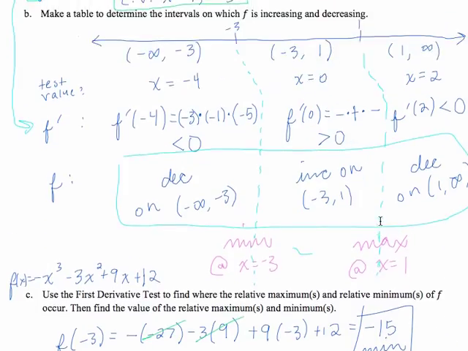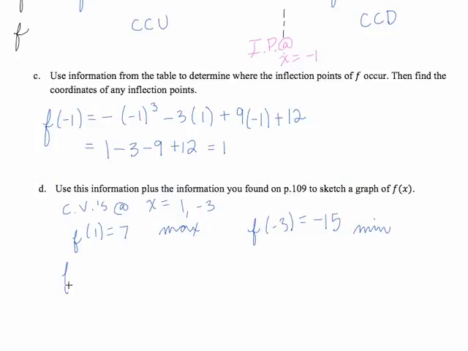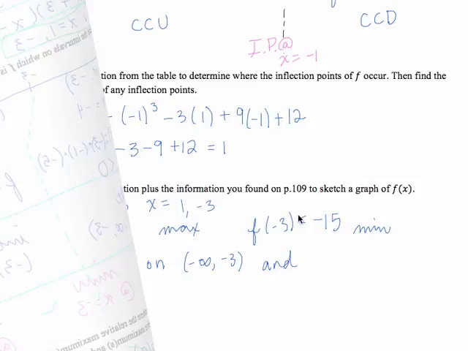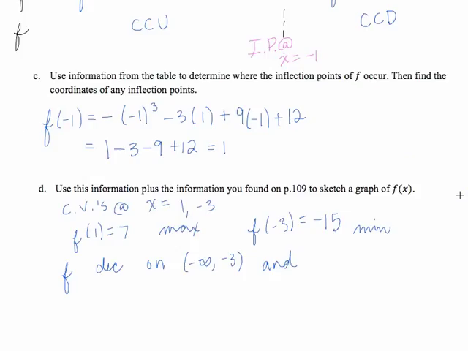Then we found that the function was decreasing on the interval from -infinity to -3, and it was also decreasing from 1 to infinity and increasing in between those values, from -3 to 1.